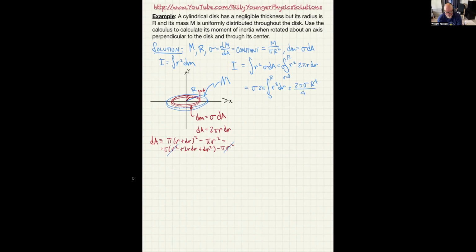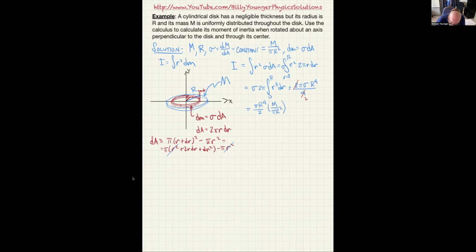Now I can go ahead and plug in the actual formula that I have for sigma that we already worked out. I get, just copying the results we already have, pi r to the fourth over 2 times sigma, and we said sigma was m over pi r squared.